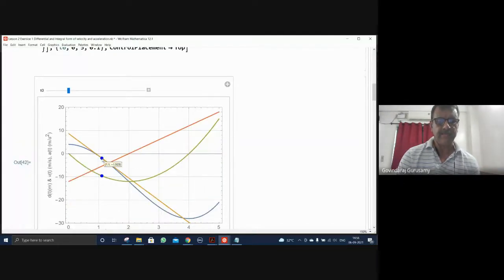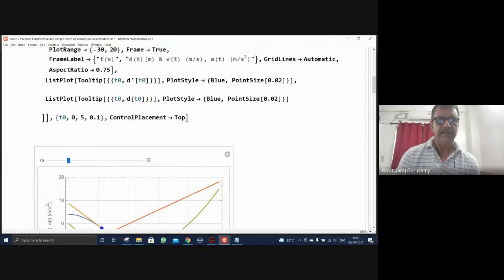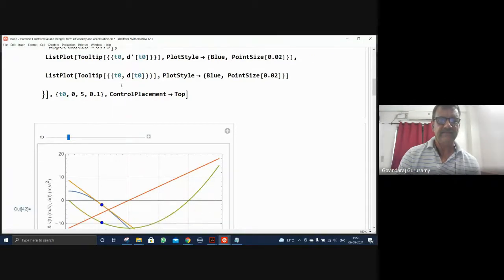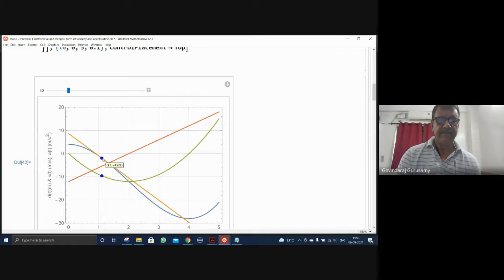Every point of it, for example, this is a point on the blue line, which is the displacement. You can see there is a blue dot. The corresponding blue dot on the green is the magnitude of the derivative that is being taken here. We have already made it a full curve, and you can see that dot moving on it. This is the tangent curve for this blue line.